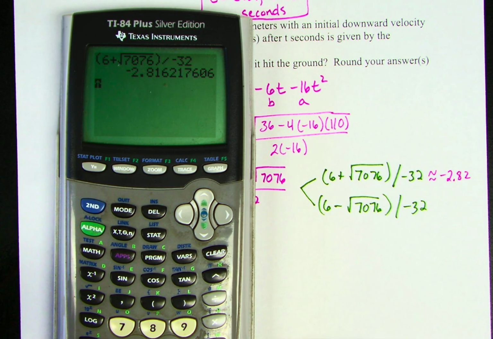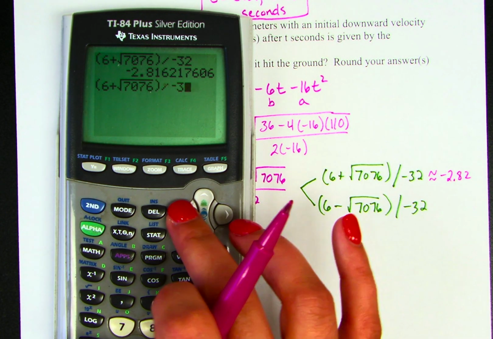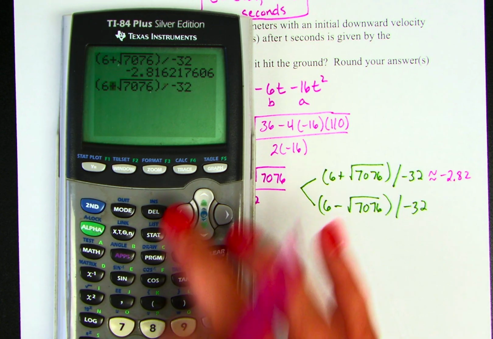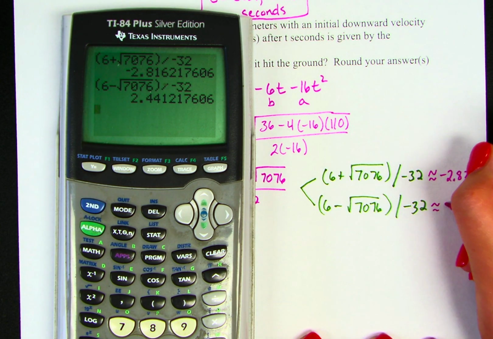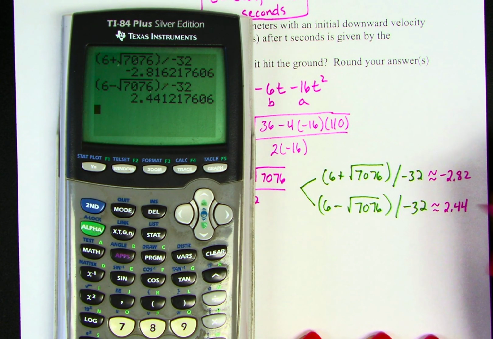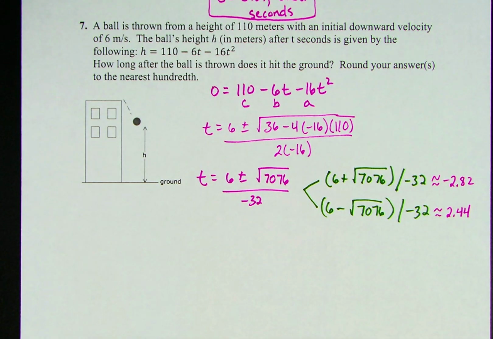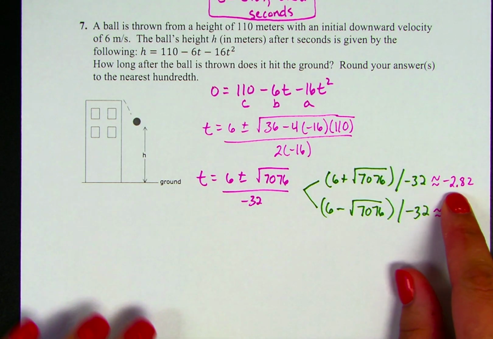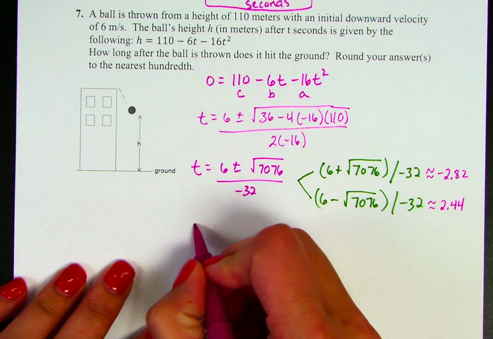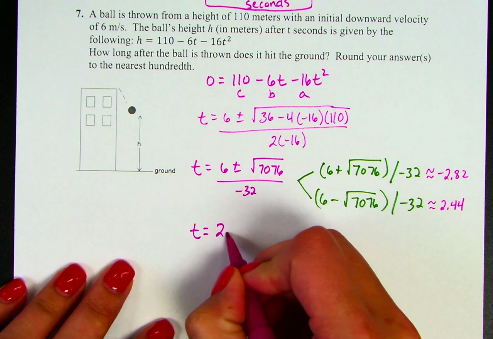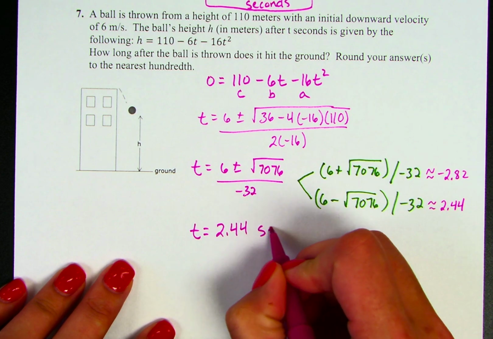And then I'm pressing second enter to copy and paste, and then just arrowing to the left until I'm over that plus sign and changing it to a minus. So this is 2.44. Now remember, we are dealing with time, so we can't have a negative time. So that means that my only answer to this would be 2.44 seconds.